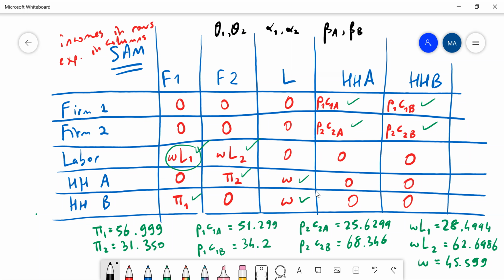So I want you to try to calibrate these parameters using this model and using these SAM entries. You may not be able to do it, so let me give you a hint.